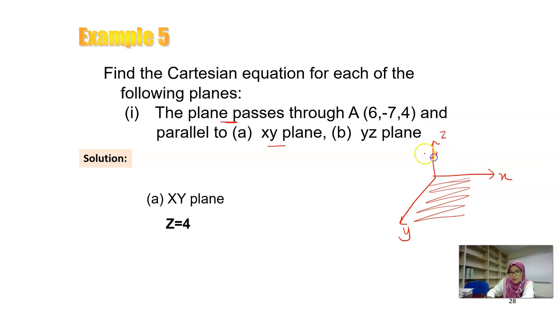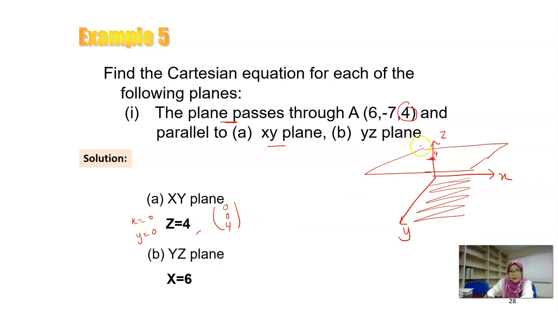So you are considering the plane on Z equals 4, somewhere here, with X 0 and Y also 0. It passes through coordinate Z equals 4 because your A is 6, negative 7, 4, so that is 0, 0, 4.